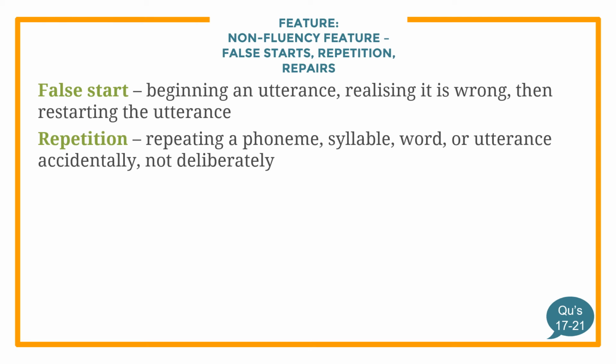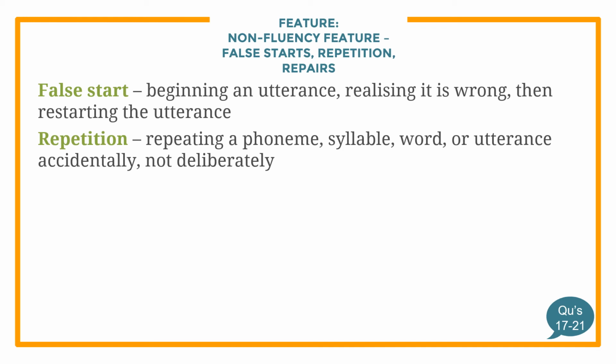Repetition can be of anything from a phoneme to a whole utterance, but it's something that is done accidentally. When we were looking at formal texts, we were looking at deliberate repetition, repetition that was chosen and used for a purpose.